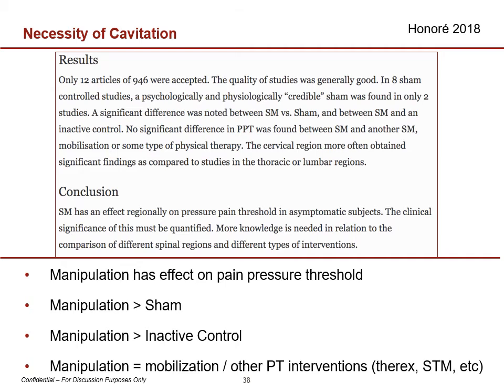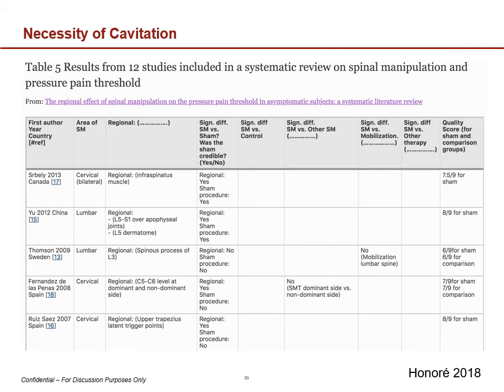We can dive a little bit deeper into this breakout here. So, to orient you, on the very left-hand side, that is the author. The second area here, area of SM or spinal mobilization, where they completed it, was it regional? And then the last group of columns shows what was compared.